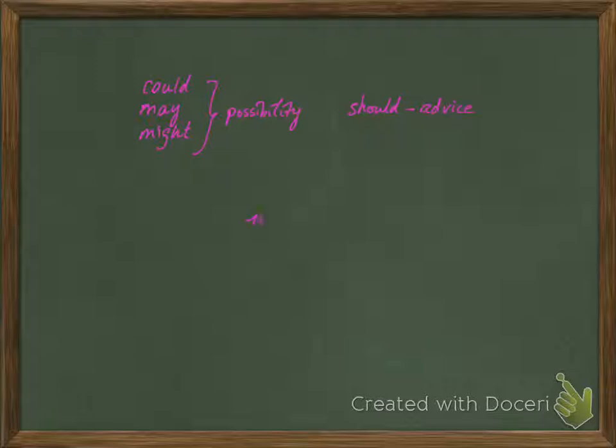And now we've talked about must, which is a modal of deduction. And when we talk about all of these modals in the past, we use the modal plus have plus the past participle. Always, always.